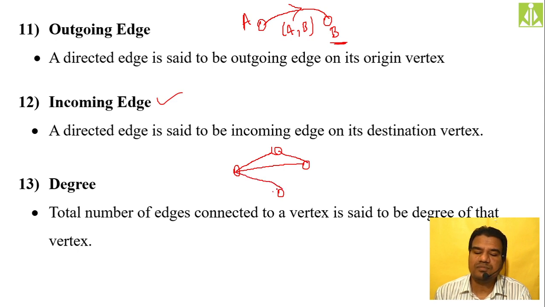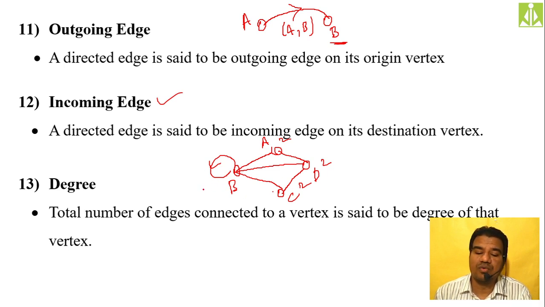Now this is A, this is B, this is C, this is D. For A, how many edges are connected? We have two edges connected, so A's degree is 2. For C also 2, for D also 2. For B, we have 3, 4.